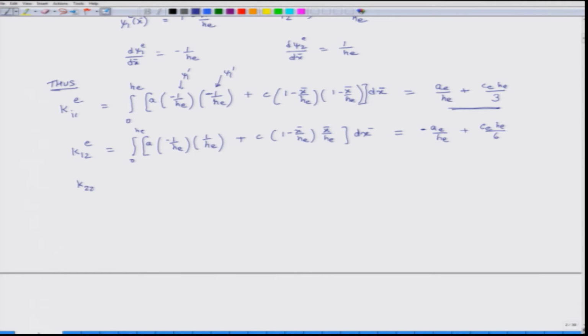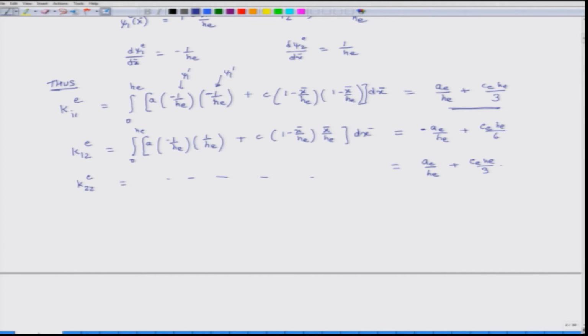And when I do the calculation for K22, the answer which I get is the same as K11, which is a e over h e plus c e h e over 3.